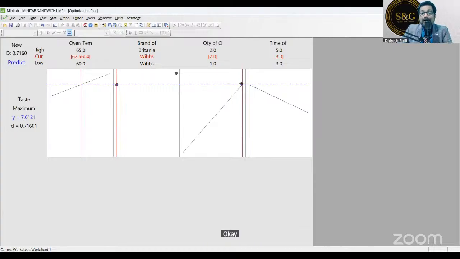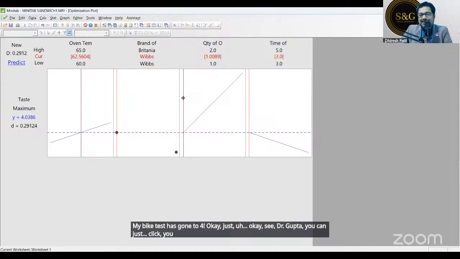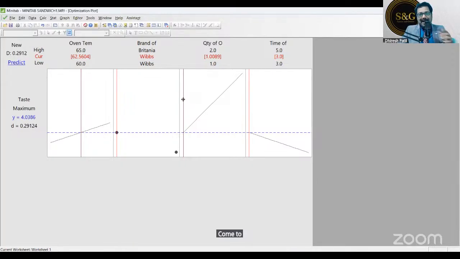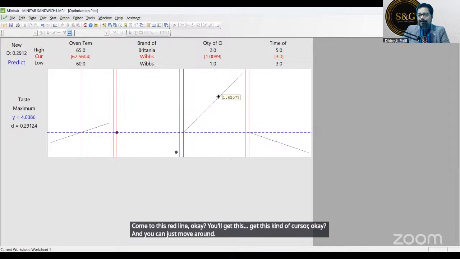My quantity of onion, instead of 2 pieces, I just added 1 piece. My taste has gone to 4. Dr. Gupta, you can just come to this red line and you will get this kind of cursor, and you can just move around. You have to move the red line.